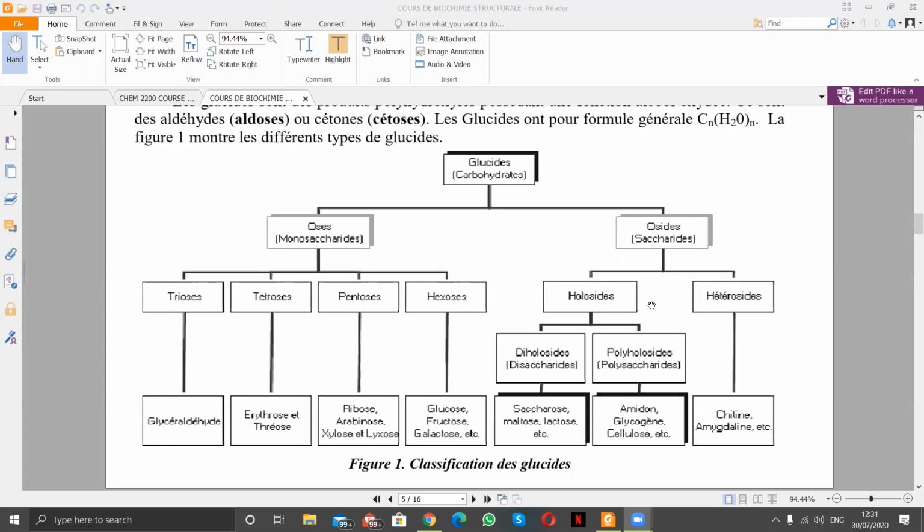Any questions? Then something you need to retain about monosaccharides, though we're going to look at it as we go further when we look at the cyclic structure. But you need to retain this. I'll remind you. Remember that point.